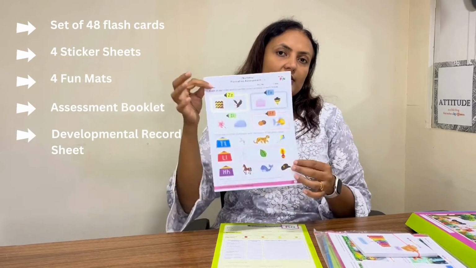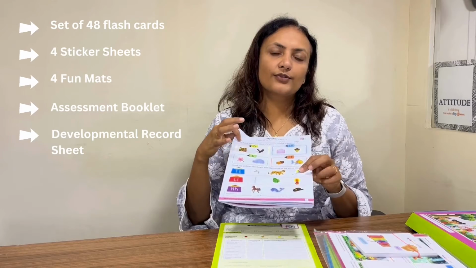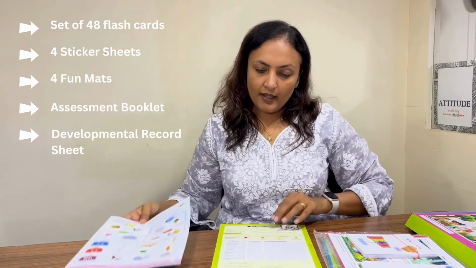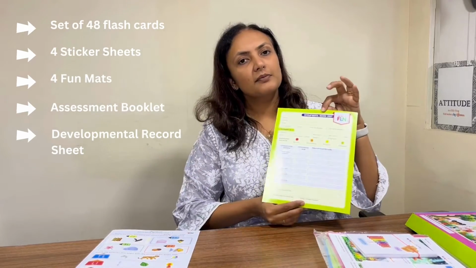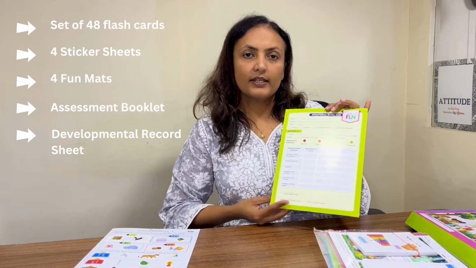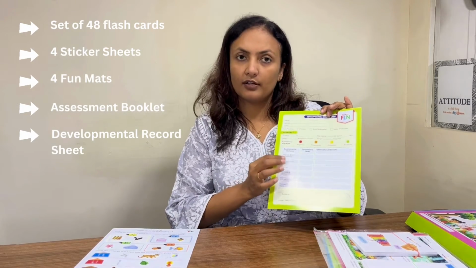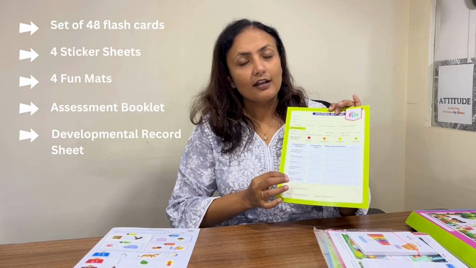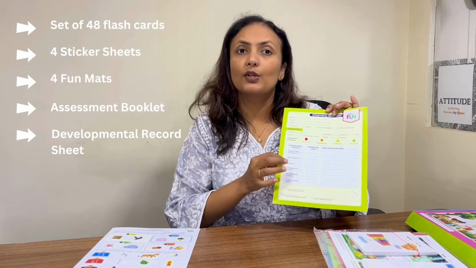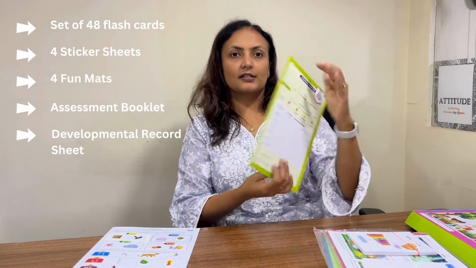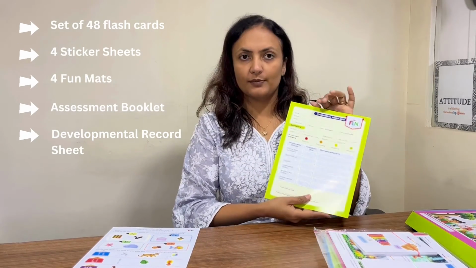Now these 20 pages are to be kept obviously at the school because they are for your assessment requirements as a school. Along with this, we have the assessment report card, which is also called as developmental record sheet. This helps you to record the physical, motor, gross motor, cognitive, socio-emotional, aesthetic, cultural and positive learning habits along with language and literacy of the child in the 2 semesters. So you have for semester 1 and for semester 2.